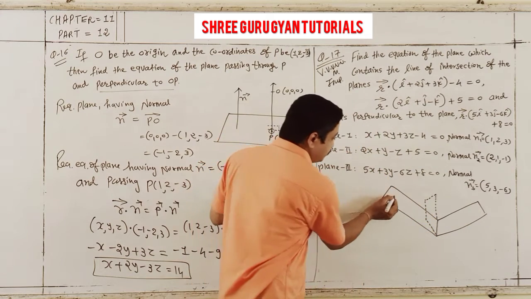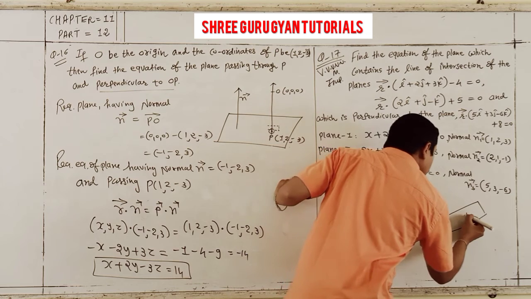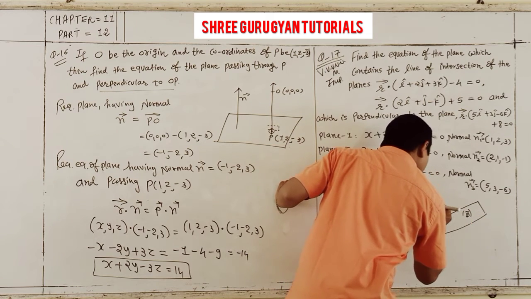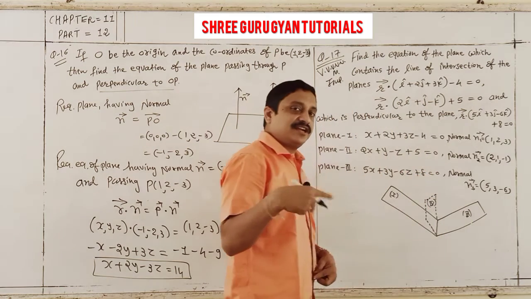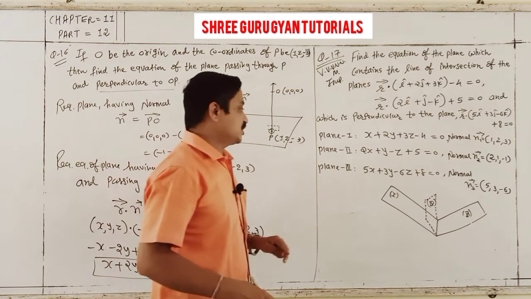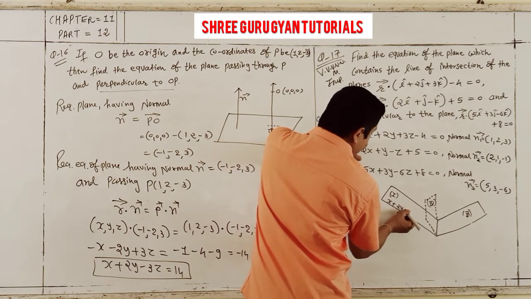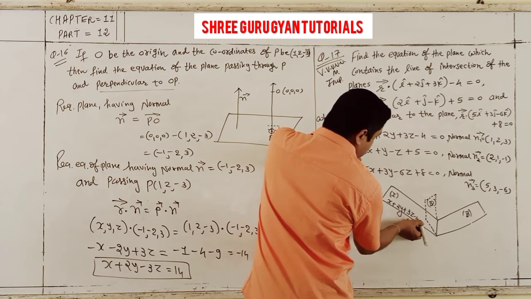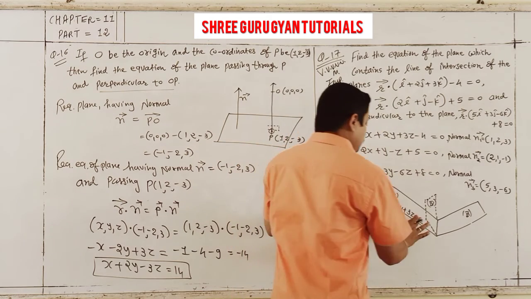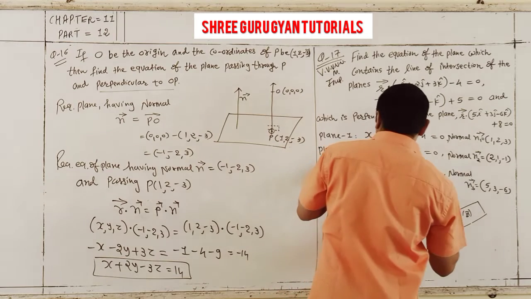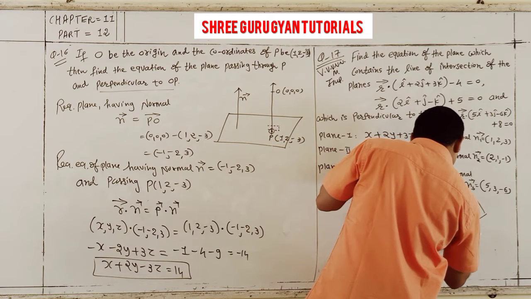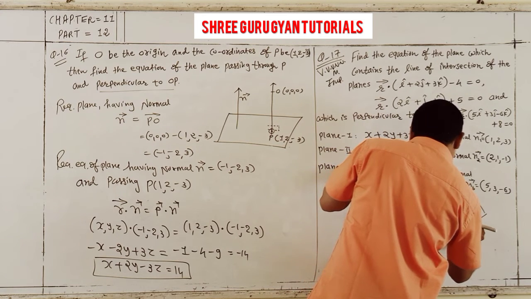So here plane 1, here plane 2, and here write down plane 4, the required plane, which I will derive in the next half of this numerical. First plane is x plus 2y plus 3z minus 4 is equal to 0. Second, same, you will derive: 2x plus y minus z plus 5 is equal to 0.